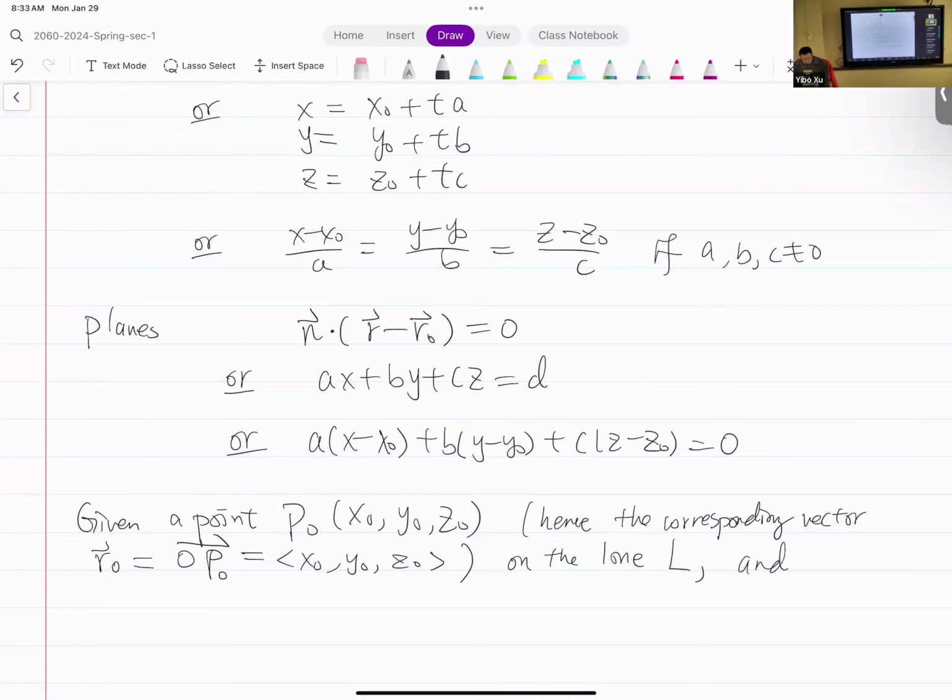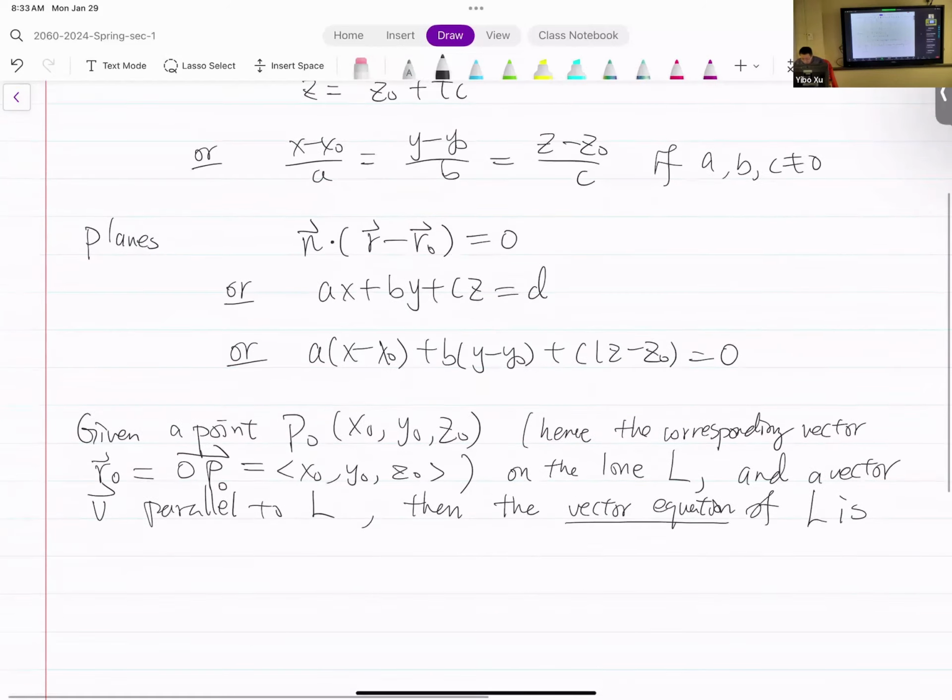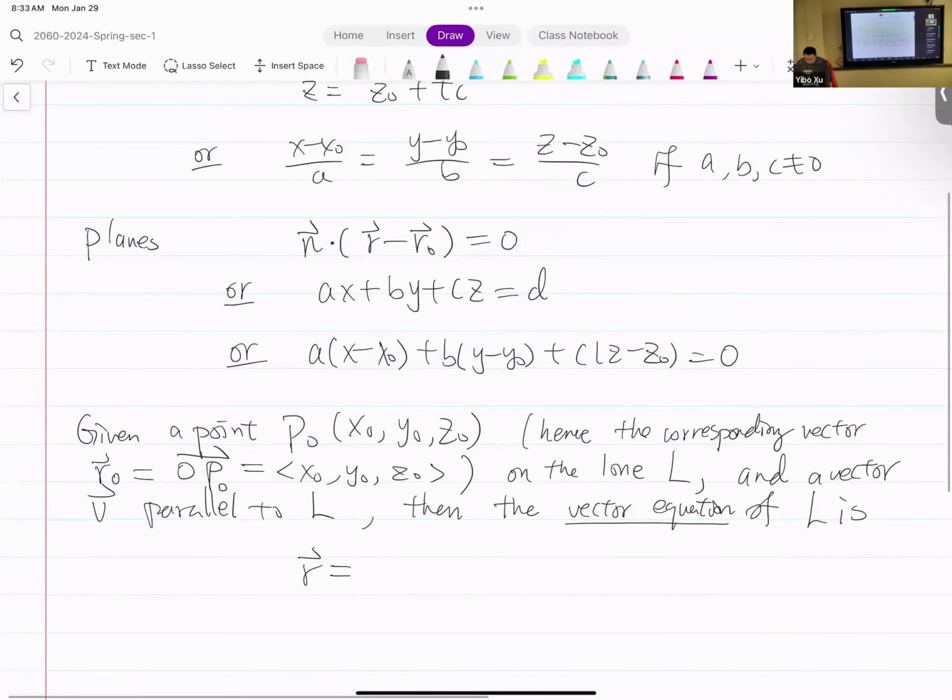And a vector v parallel to the line capital L, then the vector equation of L is r equals r0 plus tv.